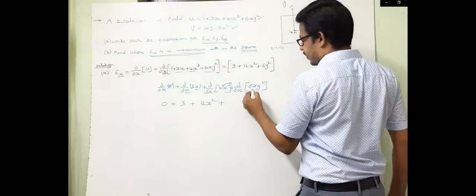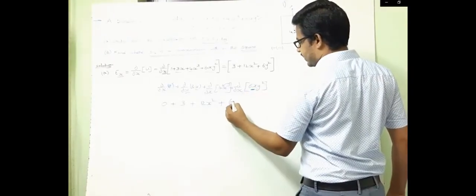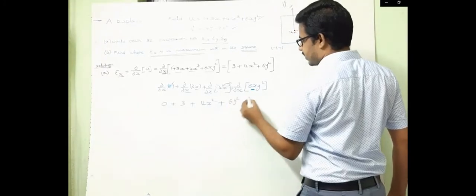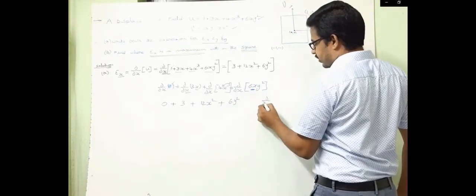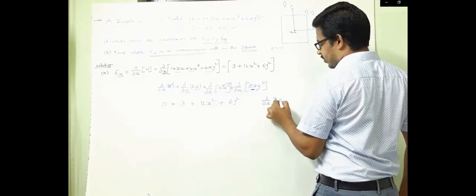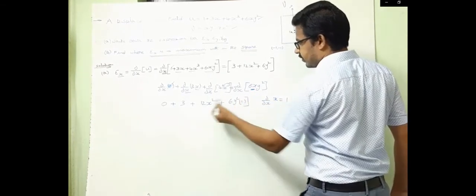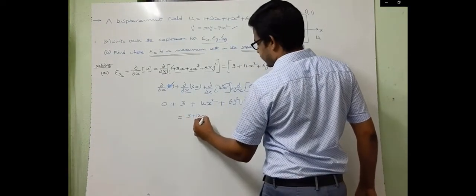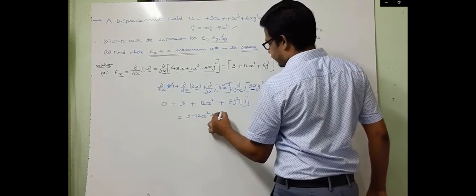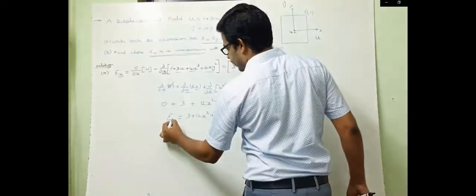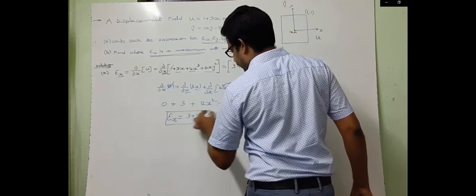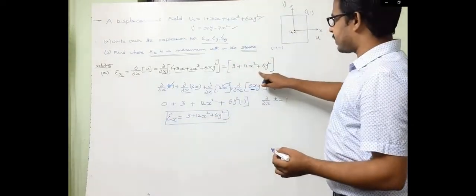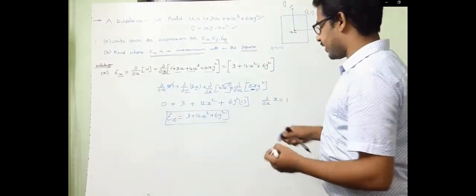This is 12 into x square, plus dou by dou x of 6xy square with respect to x. So here 6y square is constant term, dou by dou x of x equal to 1. So finally we get from this equation 3 plus 12x square plus 6y square. So this is the epsilon x value.